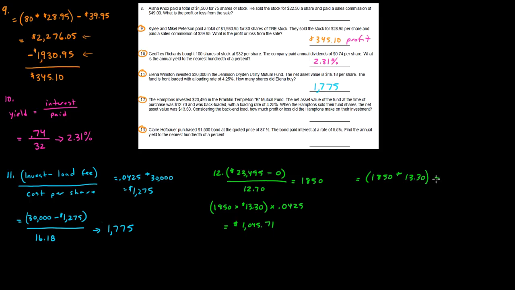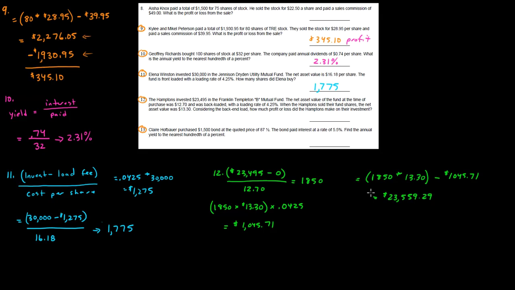We're going to subtract from that the load fee, which is $1,045.71, and that's going to leave us with $23,559.29. Now, that's the amount that we walk away with, but how much money did we originally invest?